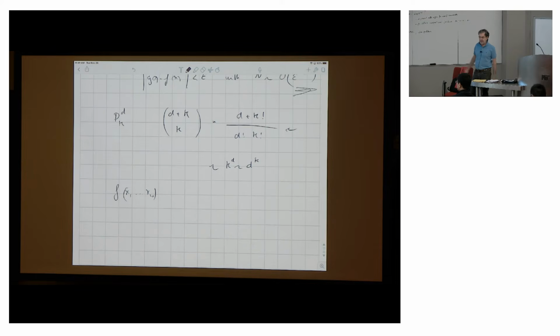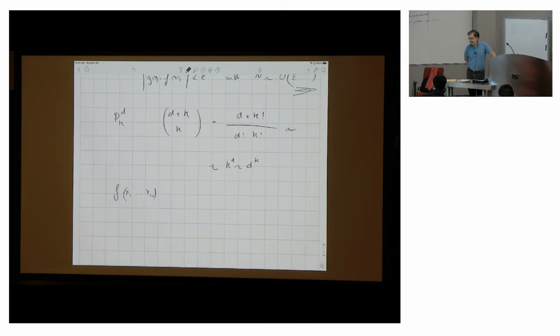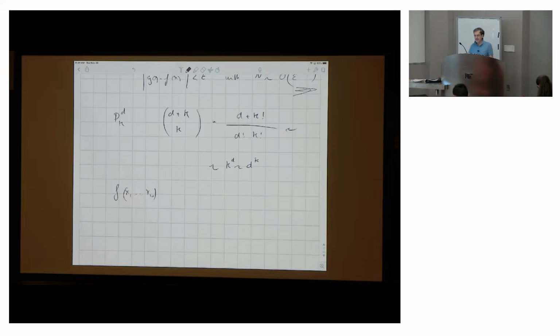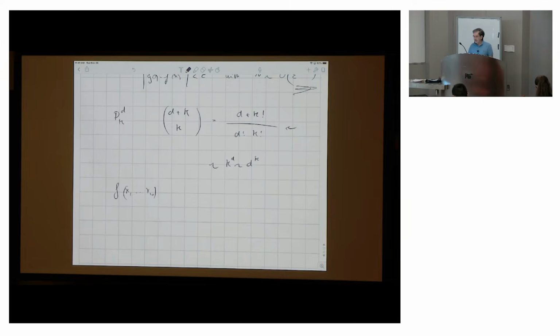Suppose each dimension has 10 partitions over a finite interval from 0 to 1: 0.1, 0.2, 0.3. Then you have, again, 10 to the 10 numbers that you have to store in the table. So these are all the same, right? This curse of dimensionality comes up whether you have a representation with polynomials, with discretization, and so on.